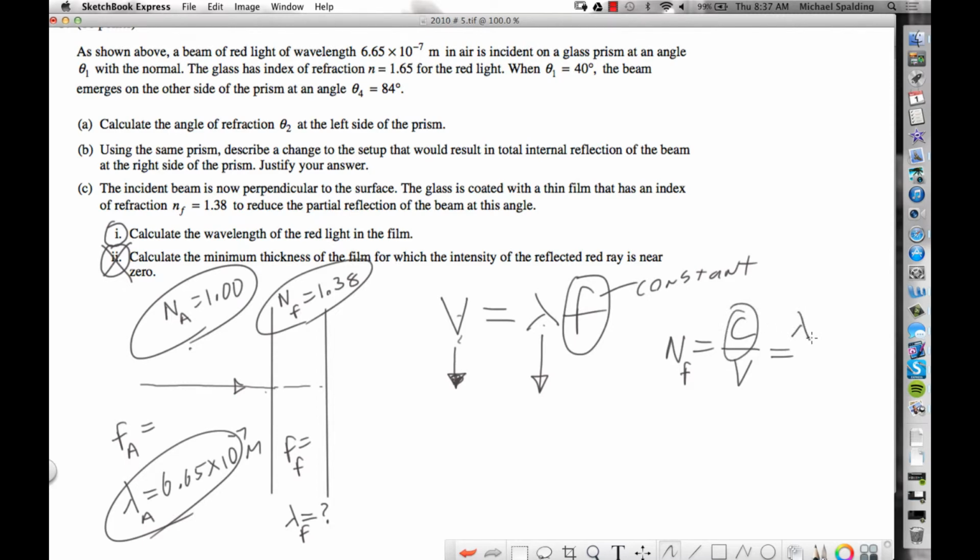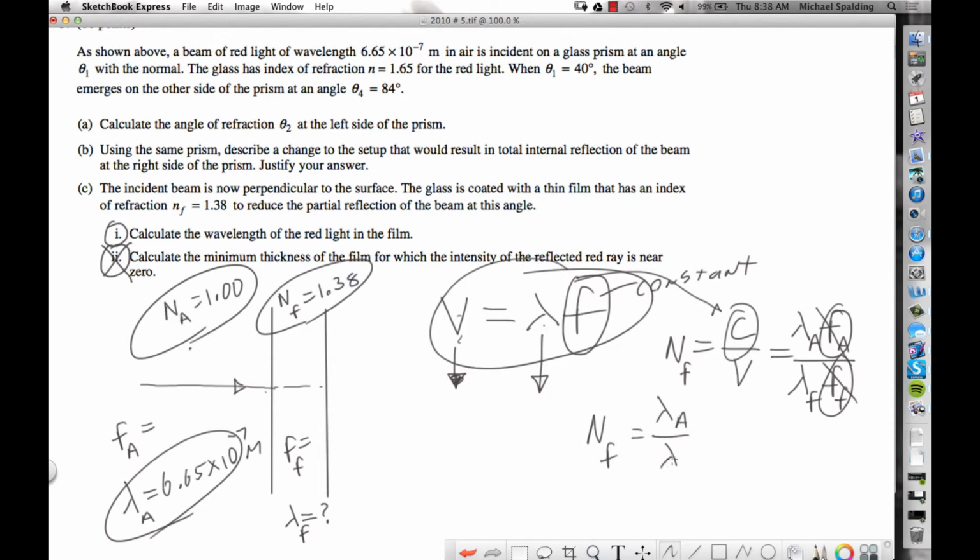That's going to be wavelength in air times frequency in air, because air is basically a vacuum. All I did is take this equation and plug it in there. And then V is going to be the wavelength in the film times the frequency in the film. What do we know about those two frequencies? They're the same, so they cancel. So basically we have the index of refraction of the film equals wavelength in air over the wavelength in the film.